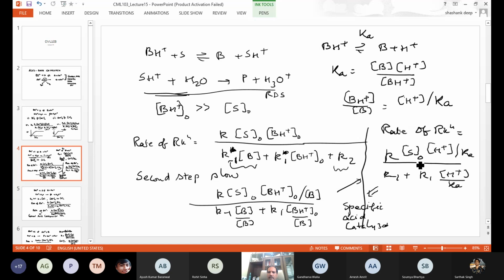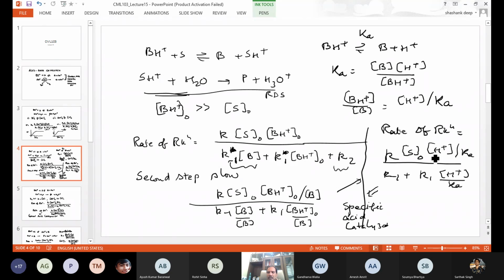Right? Then your rate of reaction will be K into S naught H plus by K, K minus 1 plus K1 by H plus. So now you see the rate of reaction can be expressed only in terms of H plus ion concentration. So that is a very important point to remember, that K naught H plus by Ka, K minus 1 plus K1 H plus by Ka.